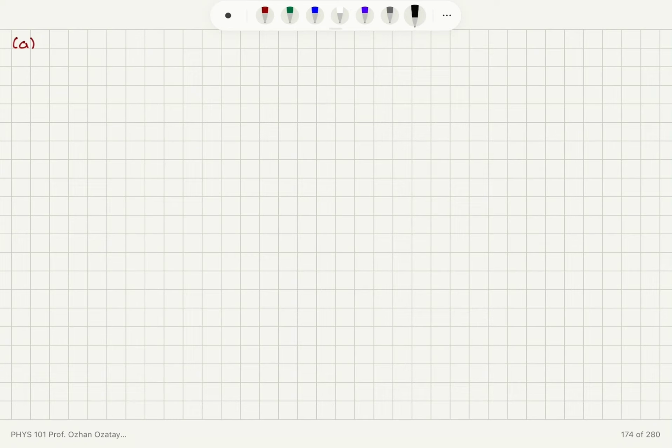So part A. First of all, I want to note that the speed v is going to be a function of the angle theta, which is the angle we make with respect to the vertical axis.